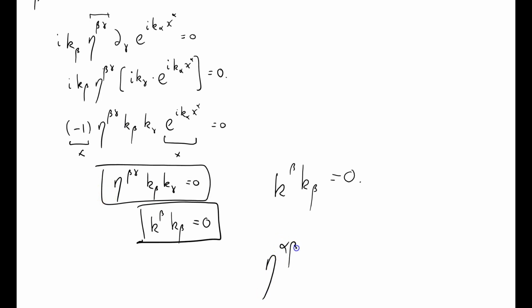Actually it's easier to think about this one here. Eta alpha beta, let's say, k... which way around do we do it? Do we do it contravariant or covariant? We may as well do it that way around. k beta equals 0.